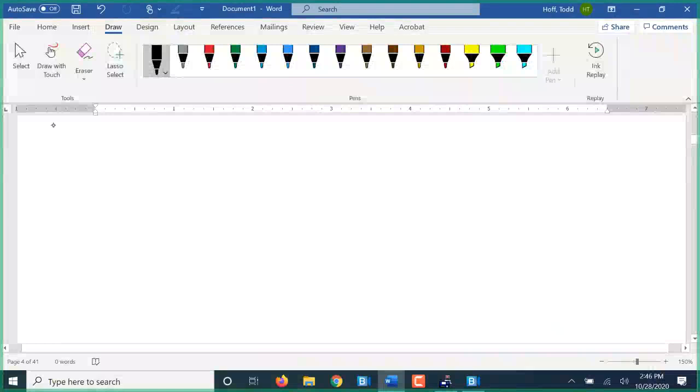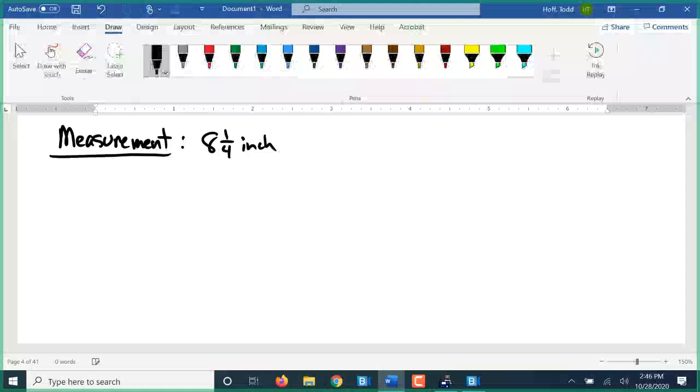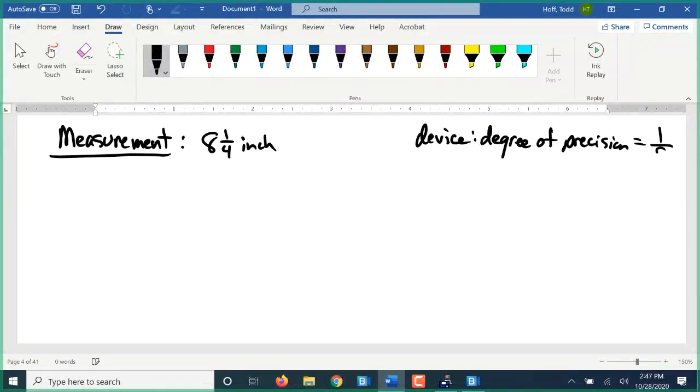So we might be told that we have a measurement of 8 1/4 inches on a device with a degree of precision of 1/8 inch.